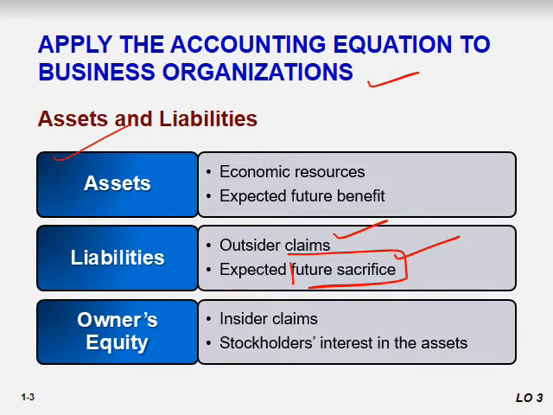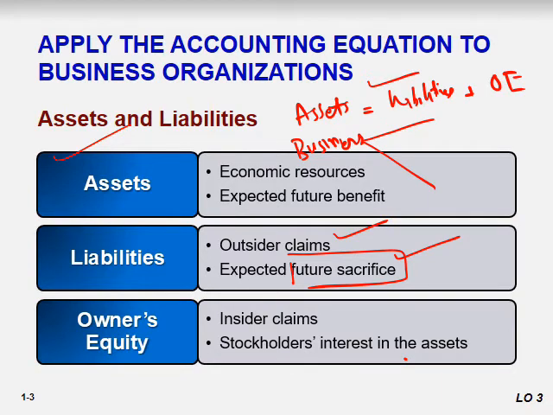So equity means ownership. So if we see the accounting equation, which is assets equal liabilities plus owner's equity, this is the business. What assets show is the business worth or economic resources, right?